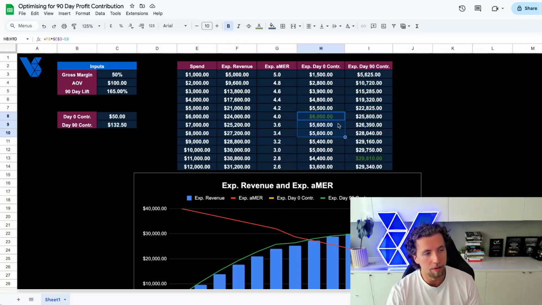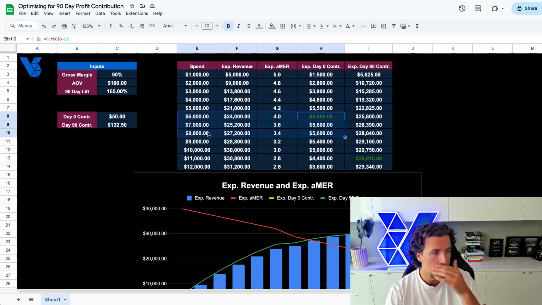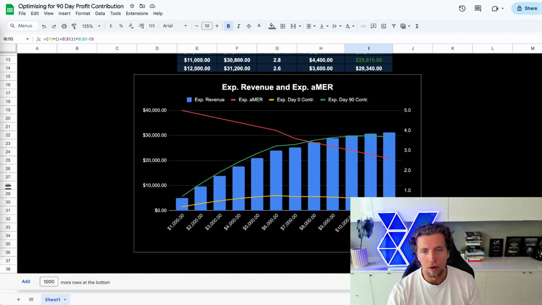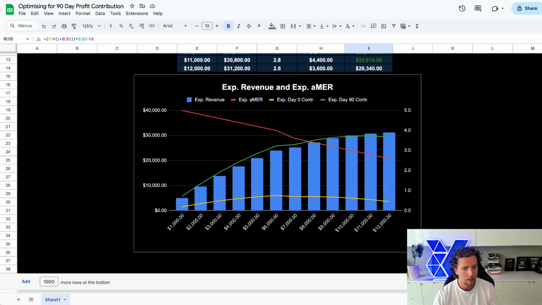I would want to be a little bit more aggressive, forgo a little bit to get a gain that makes sense, but obviously you just have to run the numbers to see whether it makes sense to take a loss now to make more money in the long term. And I've got this visualized down the bottom here too, which is, on the yellow line, we have day zero profit contribution.